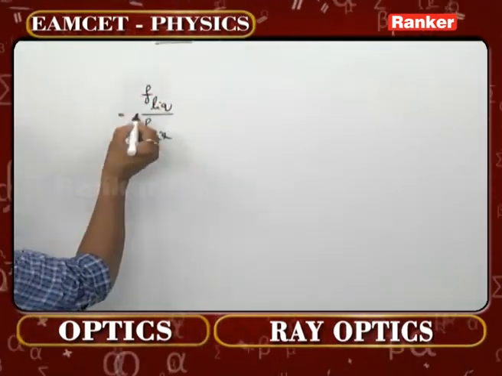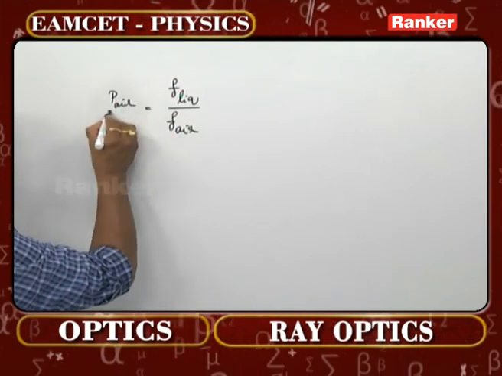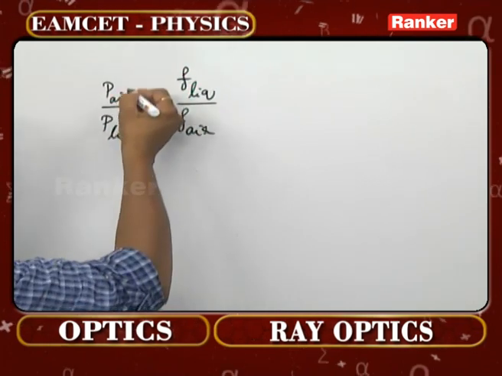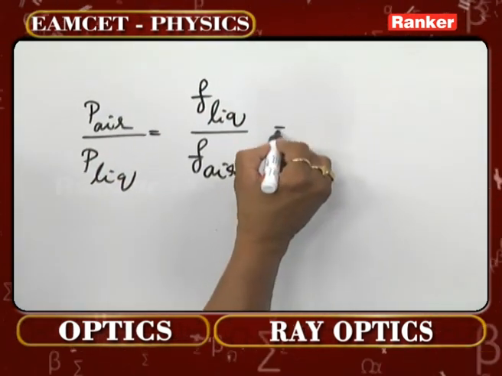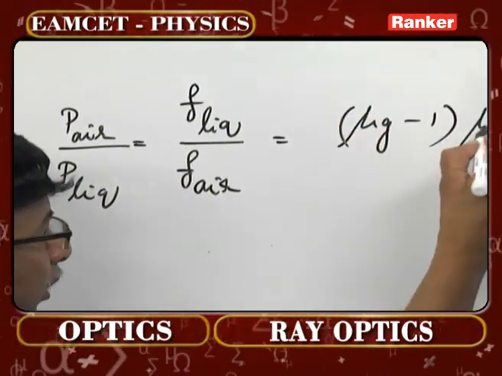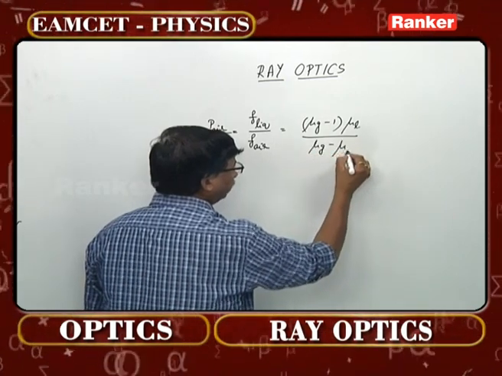In other words, you can rewrite the same thing this way: focal power of the lens in air by focal power in liquid. So power in air by power in liquid, or focal length in liquid by focal length in air, is equal to (mu glass - 1) x mu liquid / (mu glass - mu liquid).